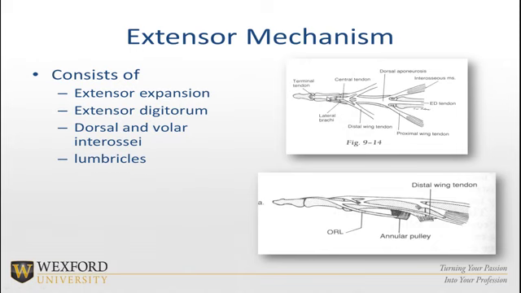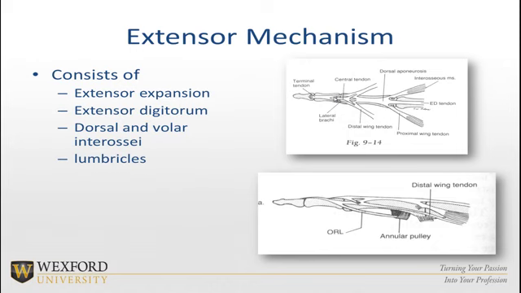The central tendon and both lateral bands receive contributing fibers from the interossei, with the radial lateral band also receiving the lumbrical tendons.